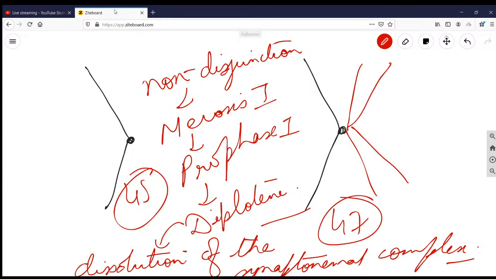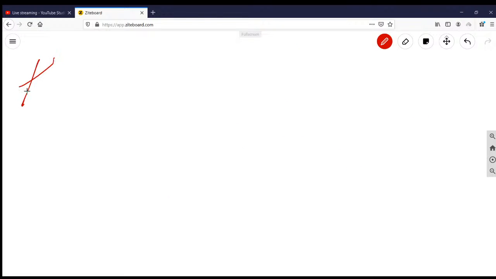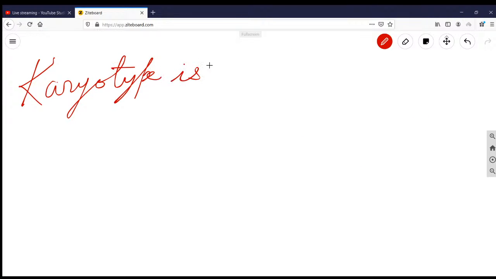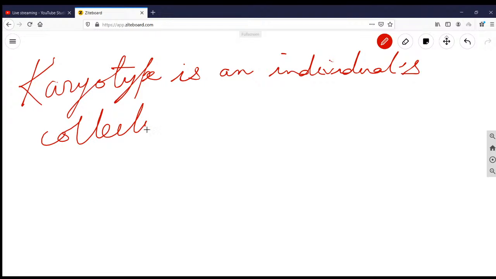So a karyotype is nothing but an individual's collection of chromosomes.